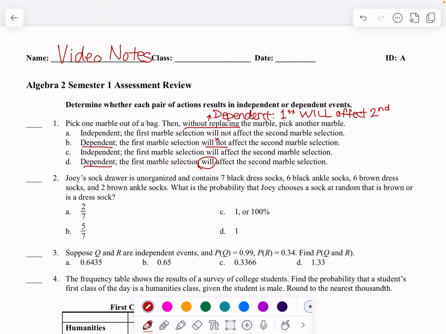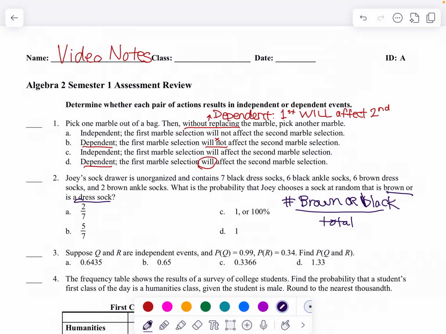Okay, so we have Joey's sock drawer is unorganized and contains all those socks. We want to know what is the probability that Joey chooses a sock at random that is, and this is what you're wanting to look for, brown or a dress sock, right? So what we want is the number of brown or black, because it can be either one, divided by the total, right?